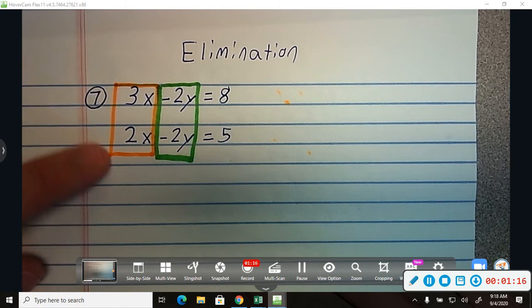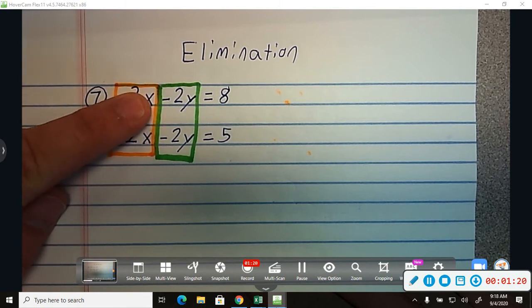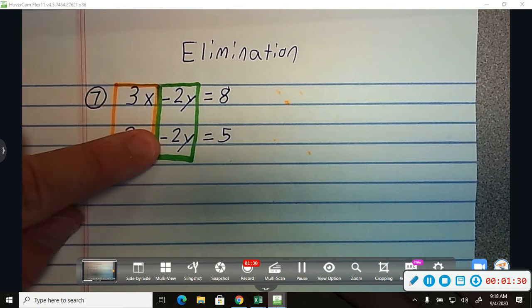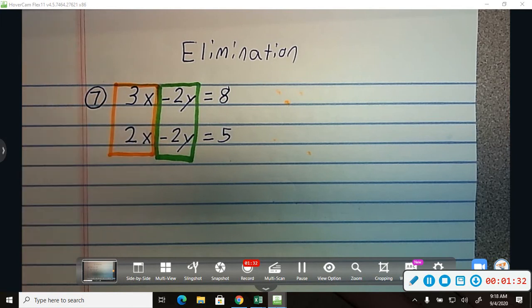So we could make x's opposites, or if you think about the y, -2 and -2 are almost opposites. We just need one to be a +2. So what we're going to do is pick either equation, and multiply one of them by -1.